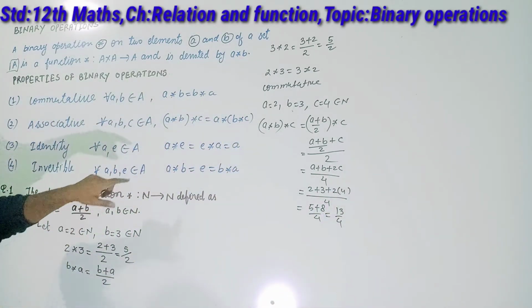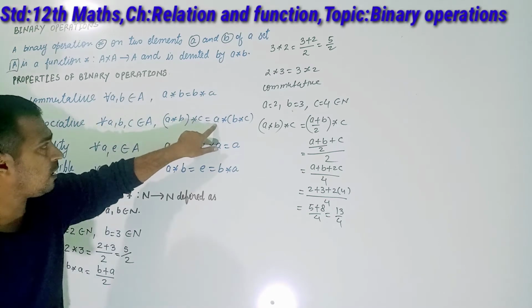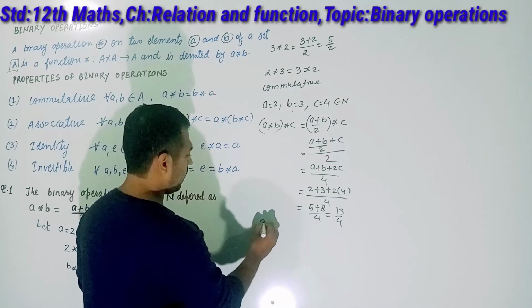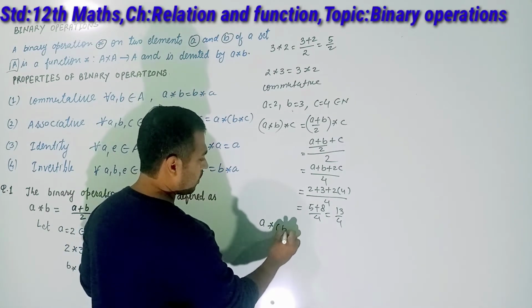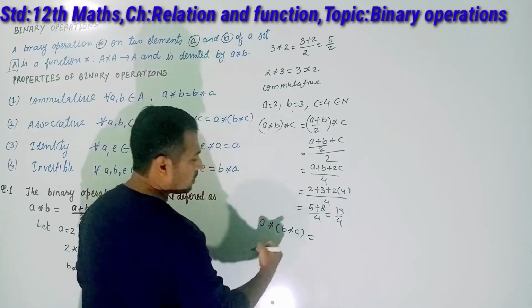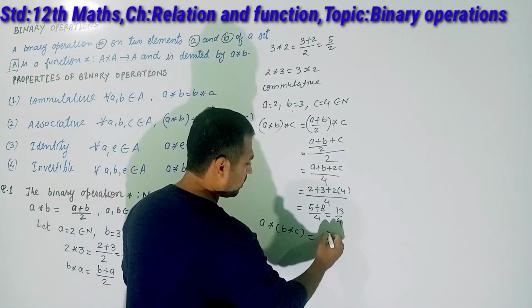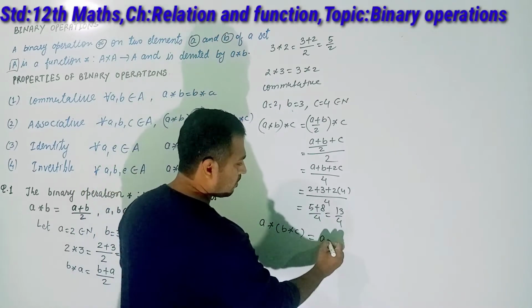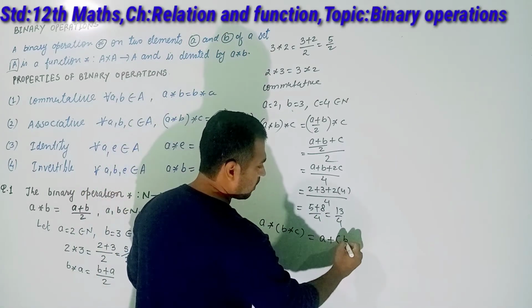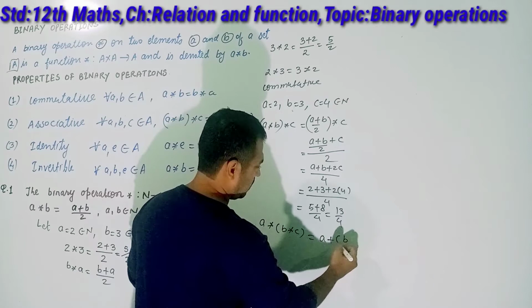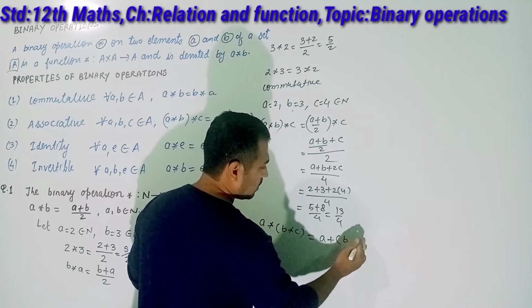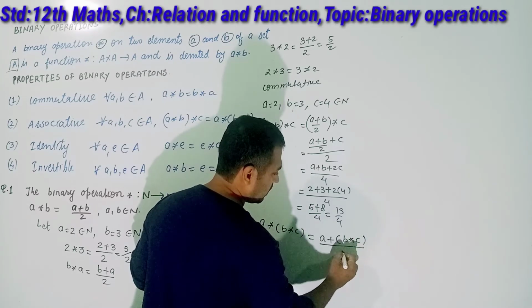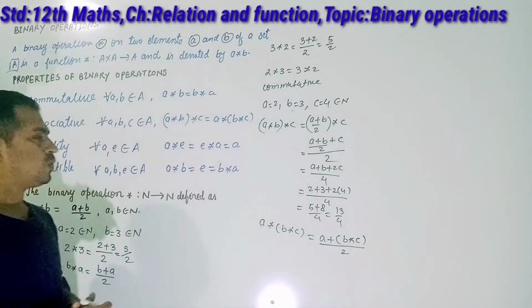Now students, we will check a star (b star c). According to this, we can write a plus (b star c) by 2.